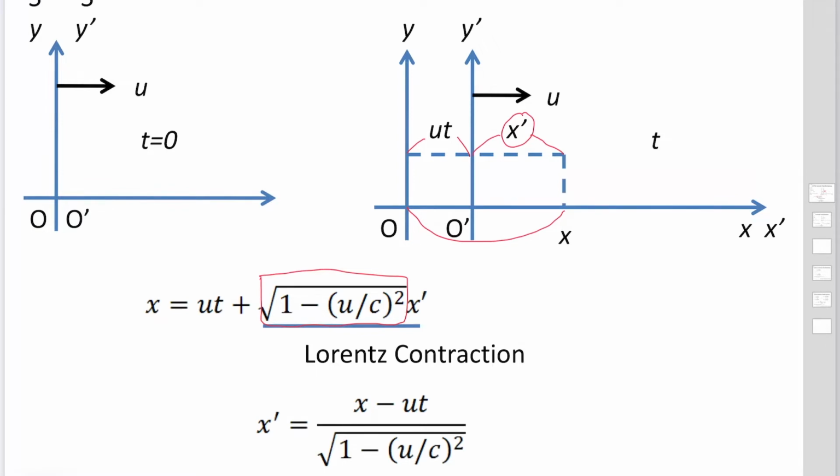So from this equation, x prime is expressed this way. By considering the Lorentz contraction, the y coordinate and z coordinate don't change. So y prime equals y, z prime equals z.